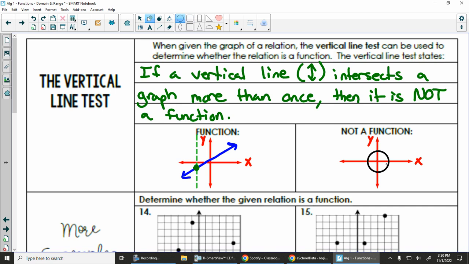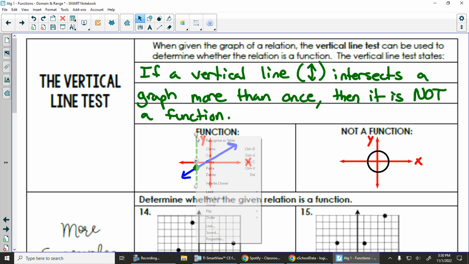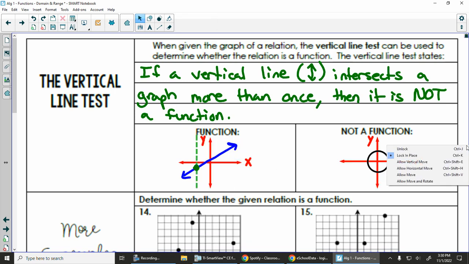Okay? Simple circle, right? Now, if I try to do that vertical line test again, so I'm just going to copy this line here. Okay, I'll just get a new one.